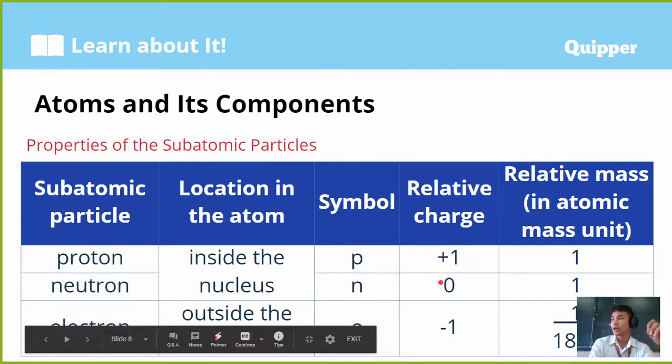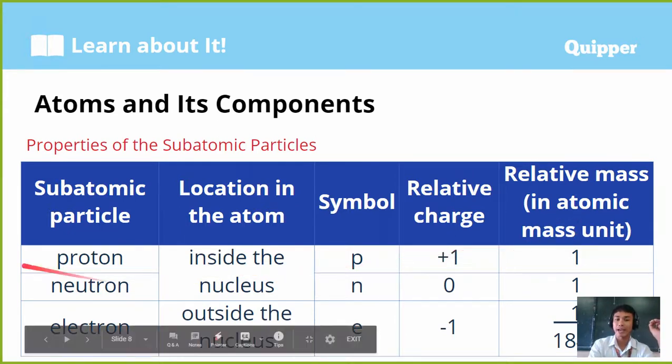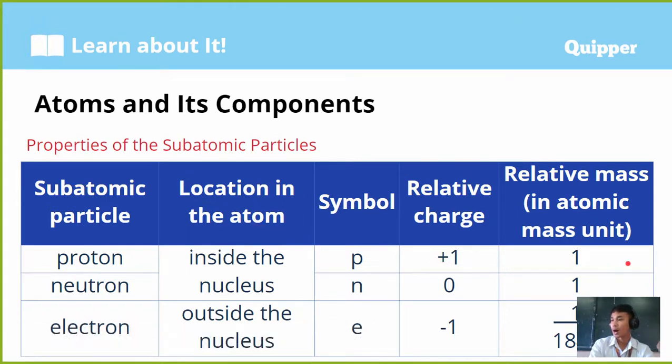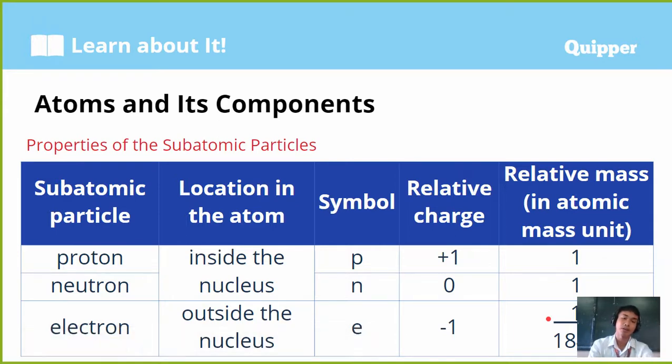Okay, so the relative masses of these three subatomic particles, in atomic mass units, the unit used to refer to the mass of an atom. For proton, that's 1. For neutron, that's 1. For electron, that's 1 over 1,840 atomic mass units.